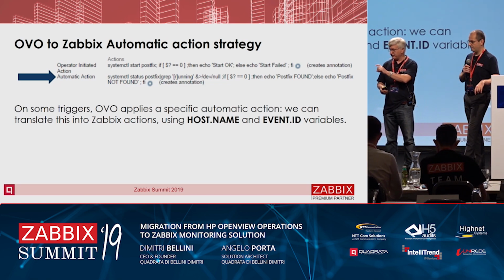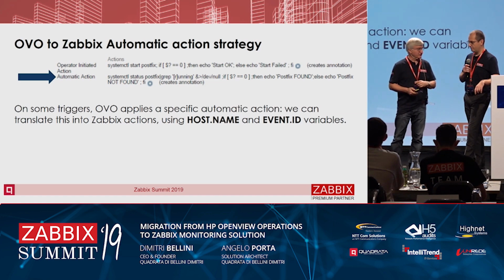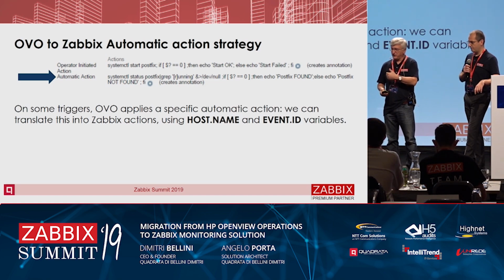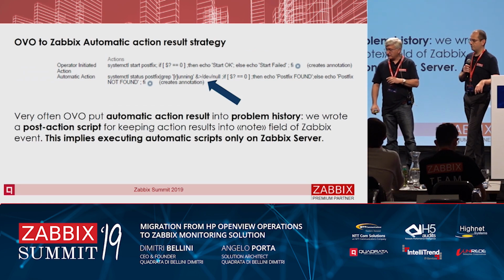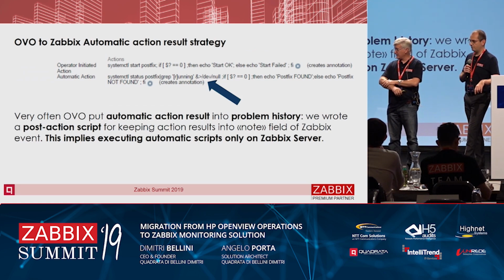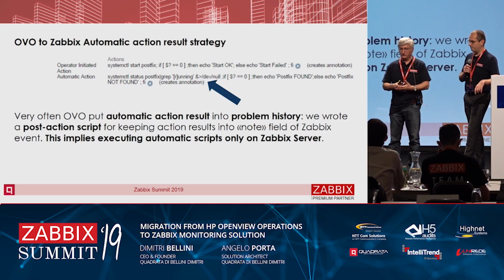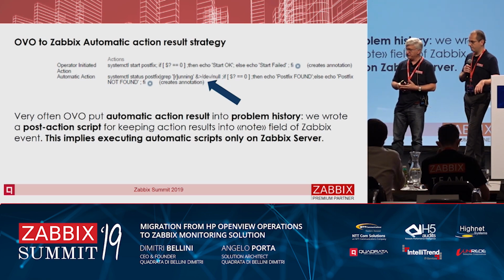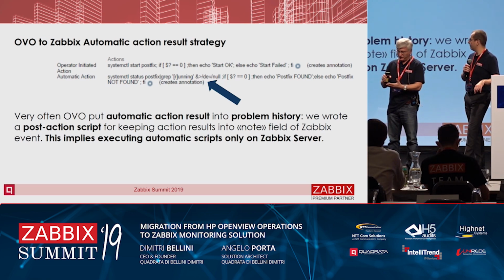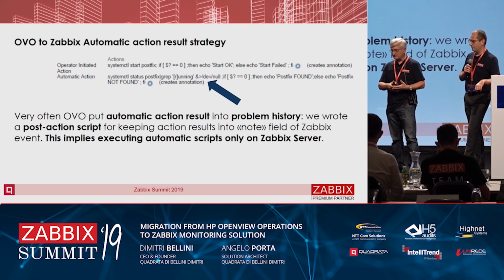What is interesting is the way in which the automatic action is defined in HP OpenView. This is very simple to understand, and we can use this. Another thing that needs attention is the result of the automatic action, because many times the customer needs to put the result of an automatic action inside the problem description, and in HP OpenView this is very simple.